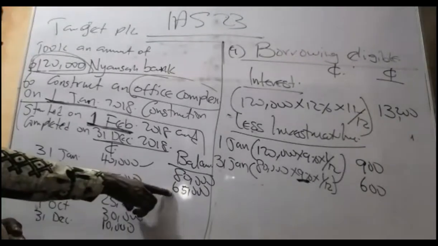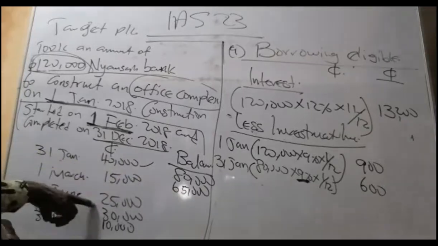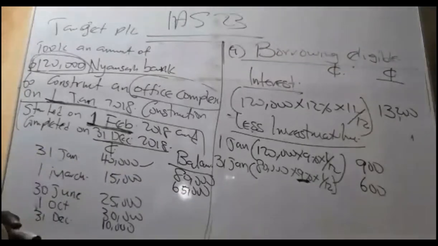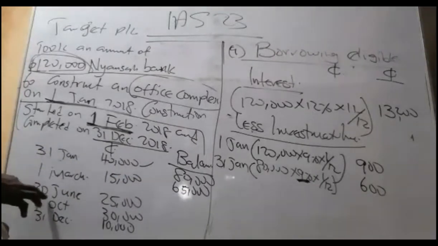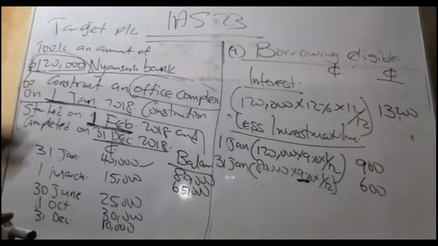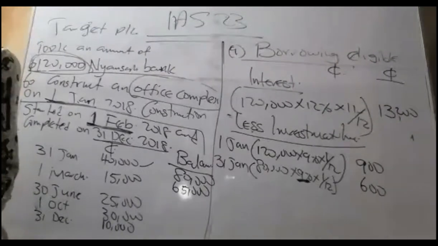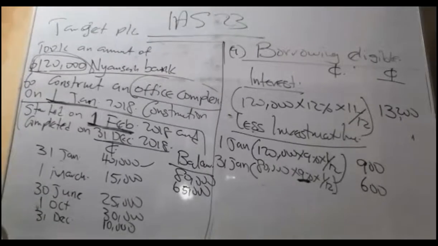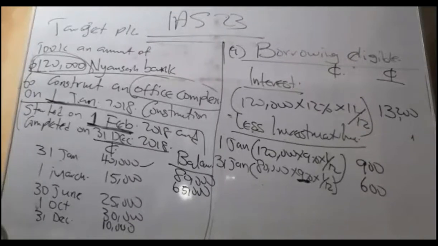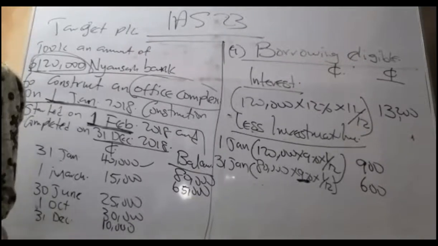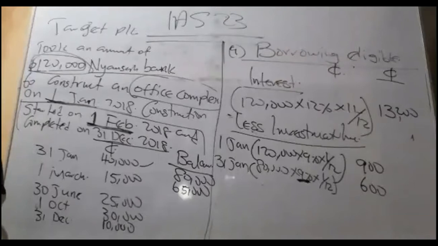And that 65,000 too will be invested until the next withdrawal. So that will be until when? 30th of June. So from 1st March to 30th of June, how many months? Will it be 1 month or 2 months?